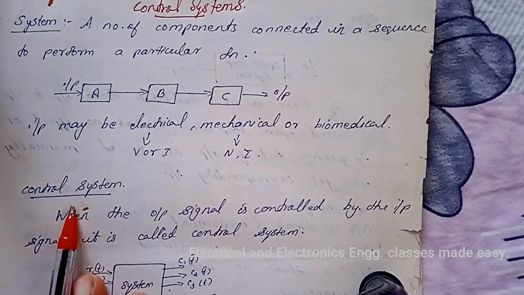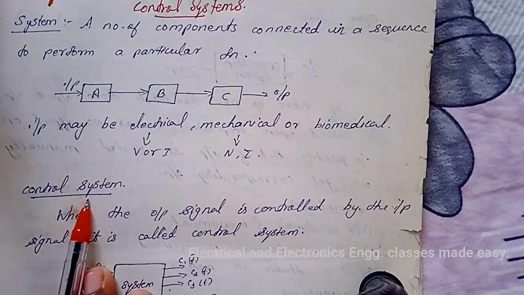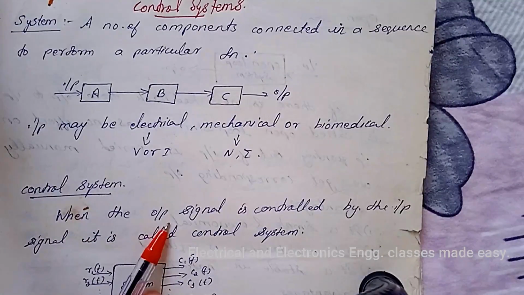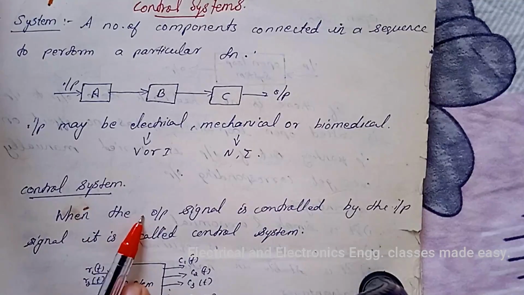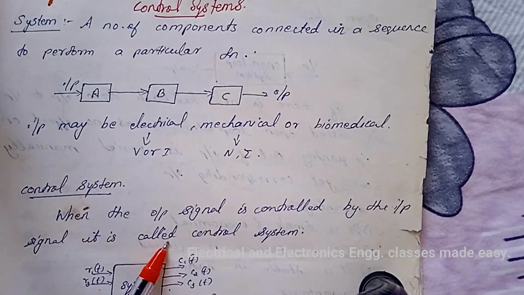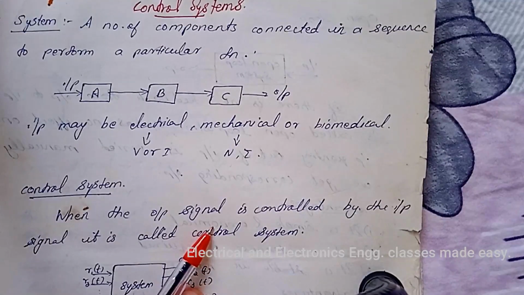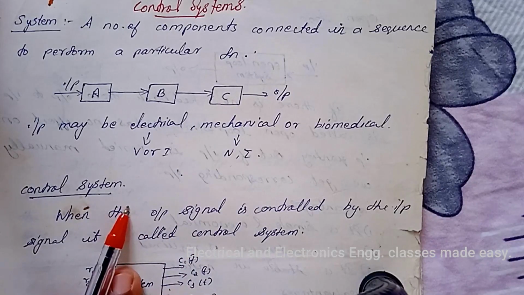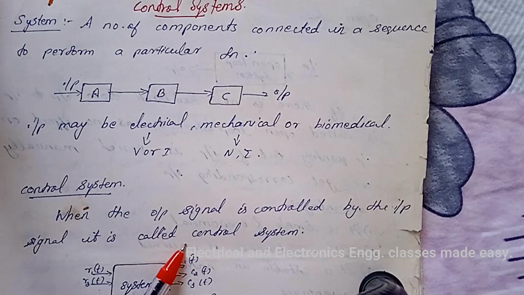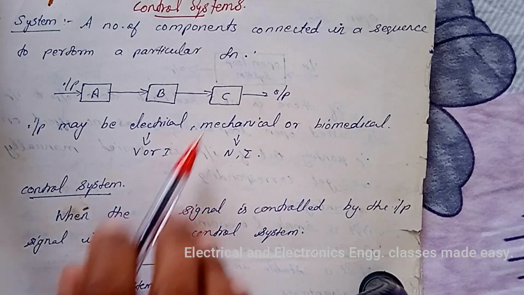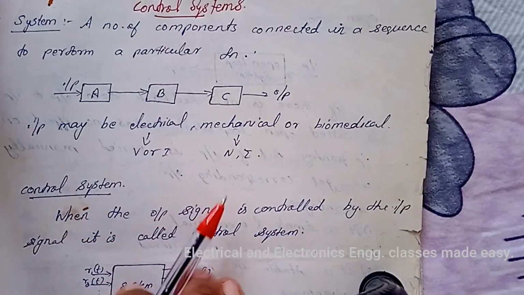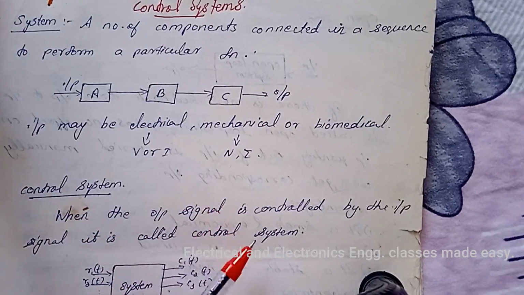And what is a control system? In a system, when the output quantity is controlled by varying the input quantity, the system is called a control system. The output quantity is called controlled variable or response.